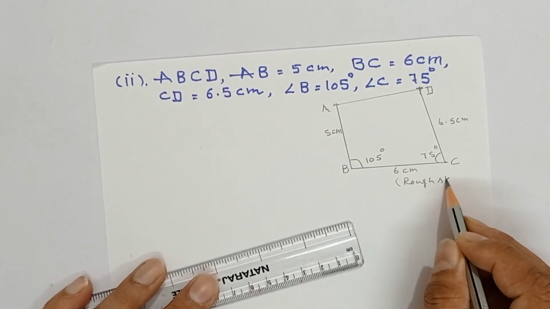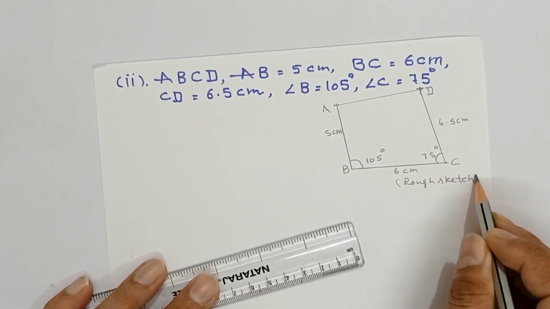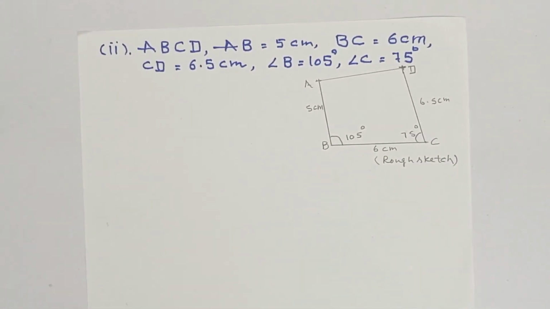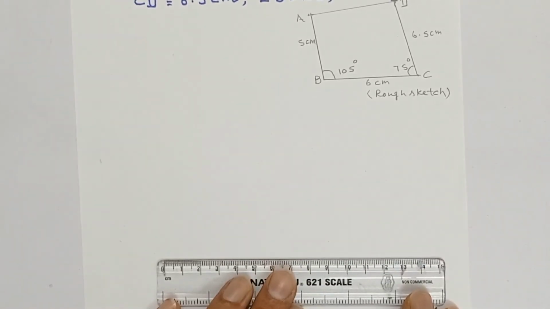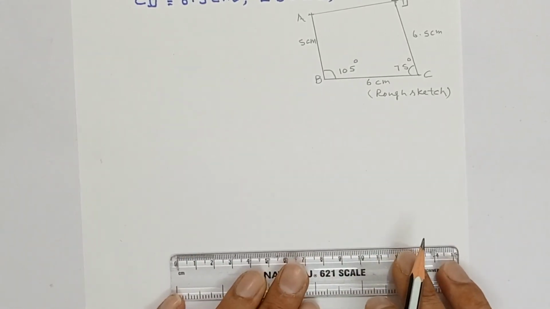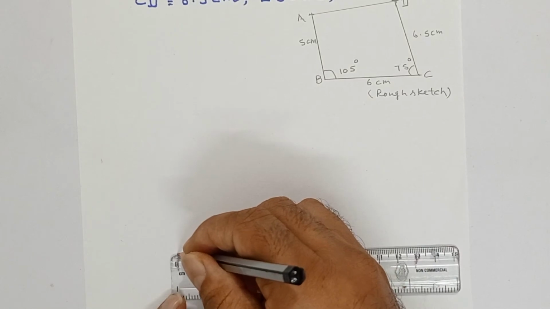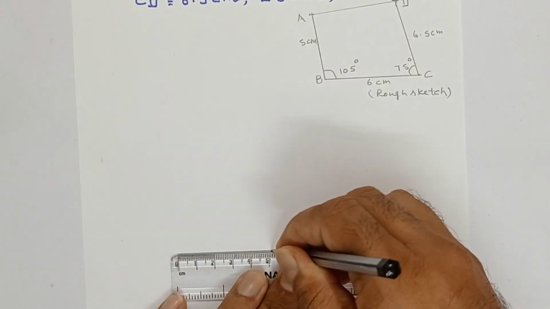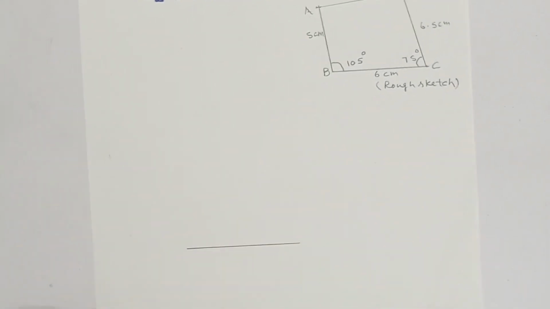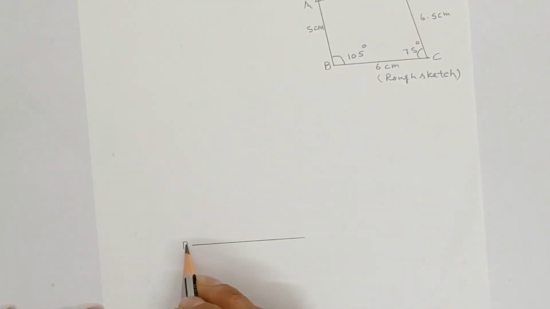So the fair construction will be made now. First of all, you need to keep the scale properly and draw base BC as 6 centimeter. Scale should not move once you have kept it. This is 6 centimeter BC.